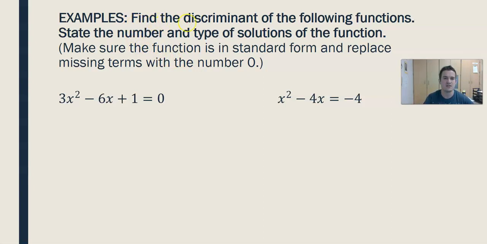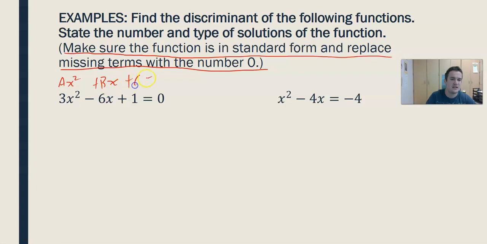The instructions say find the discriminant of the following functions and state the number and type of solutions. Again, make sure the function is in standard form, replacing missing terms with the number 0. We'll get to an example like that in a minute. So first, is this quadratic in standard form? ax squared plus bx plus c equals 0.